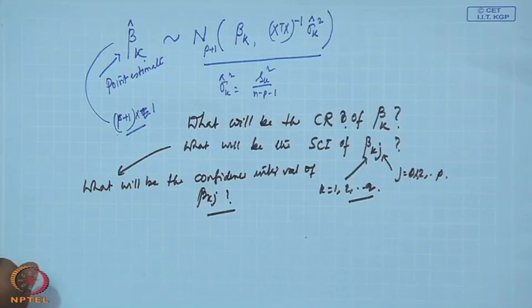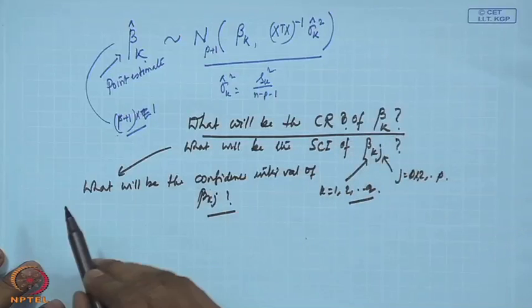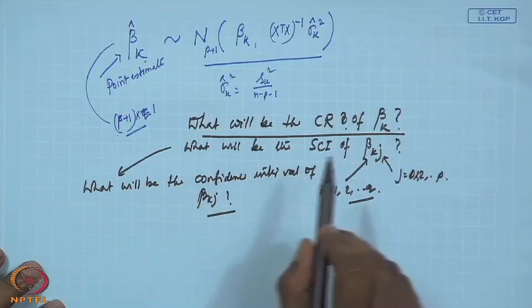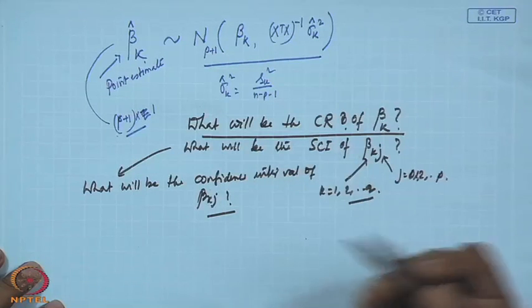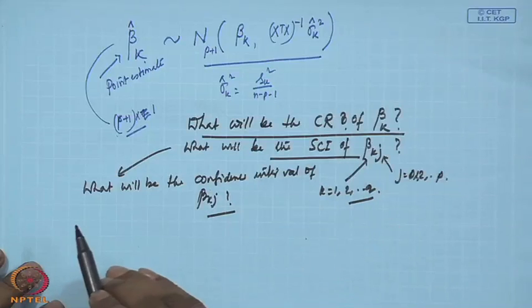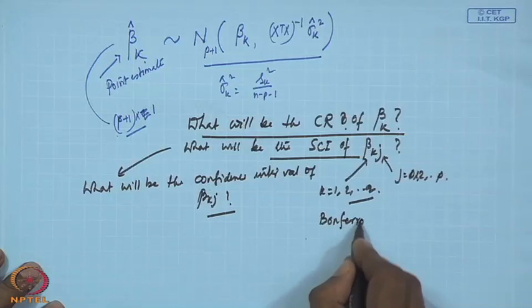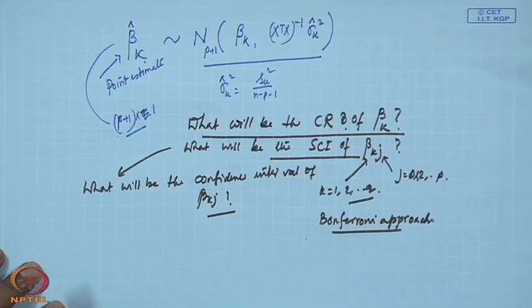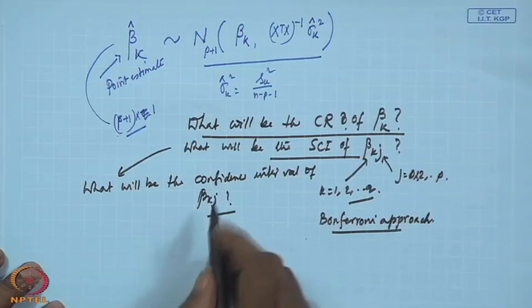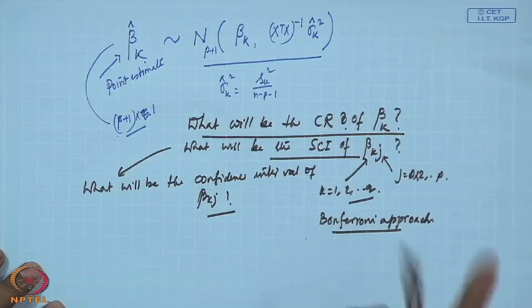Okay. Now, if you recall in MLR, we have not gone for this confidence region because of the robustness of regression, and also we have described what will be the simultaneous confidence interval for beta_kj using the Bonferroni approach. But what we have discussed there was mostly the beta_j case, where the variable k was not there.